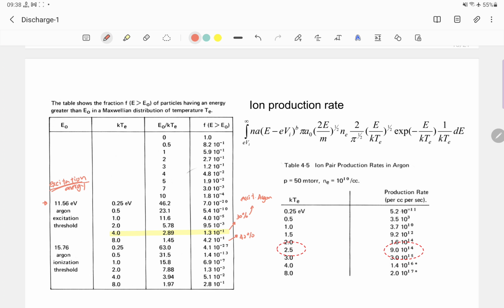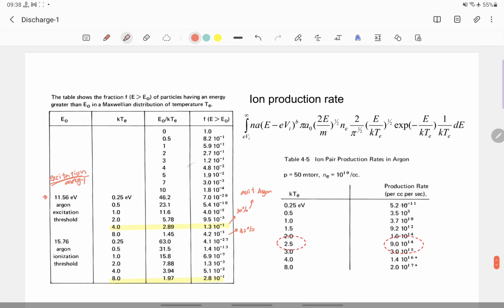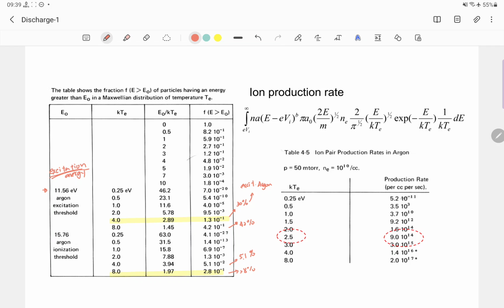And the other table on the right side. So if we consider the ratio of the high energy tail and the electron density, if we consider both conditions, in a plasma with 50 millitorr of gas pressure and electron density of 10^10 per cubic centimeter, in such plasma condition, if the average electron energy is 2.5 electron volt, the production rate of electron and ion pairs is 9 times 10^14 per cubic centimeter per second.